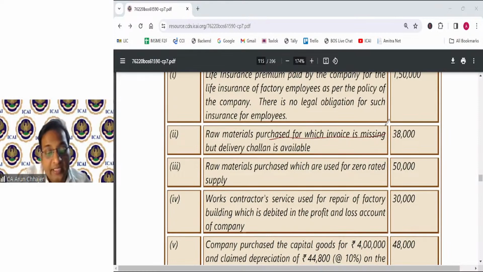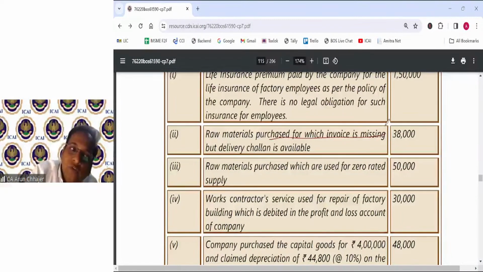Serial number 2 is basically talking about raw material purchased for which invoice is missing but delivery challan is available. Obviously, we can't take the ITC. Why? Because you do not have the invoice.